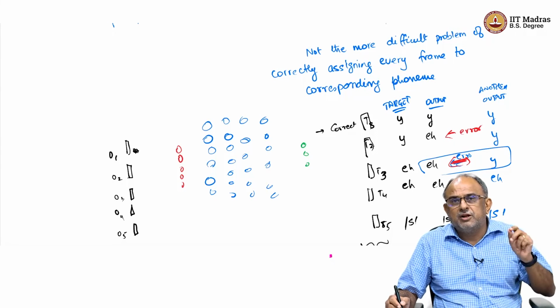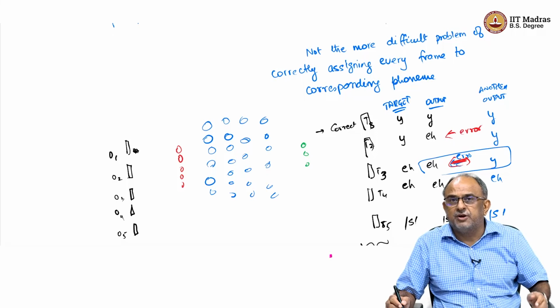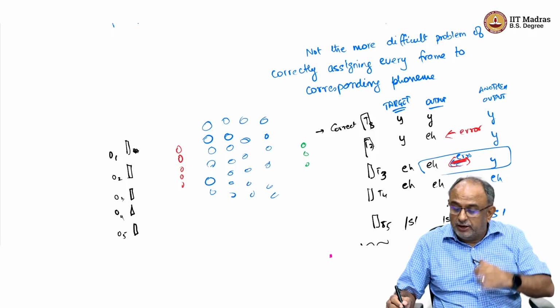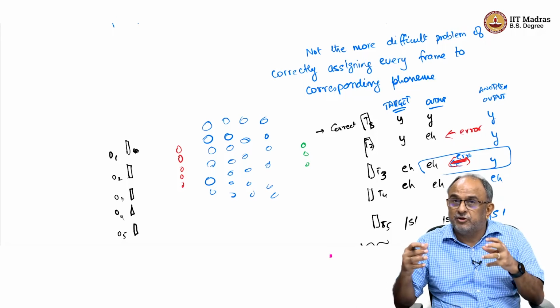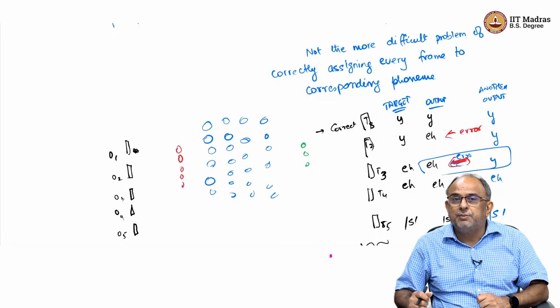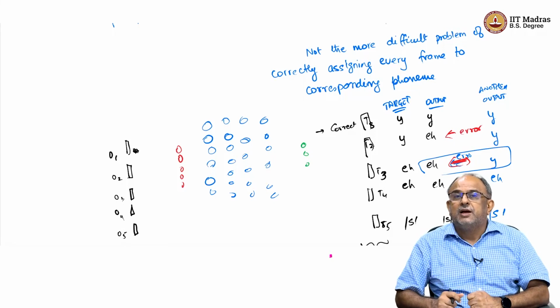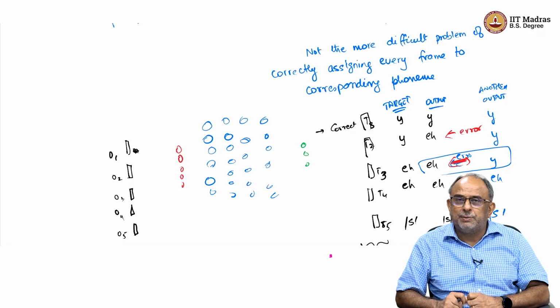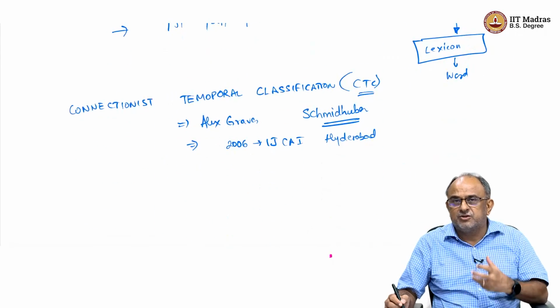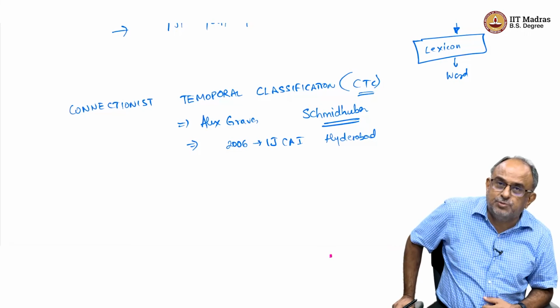So, why are you worried that every frame I should correctly identify, and that too, the targets themselves may be making some errors, the alignments themselves may be wrong. So why are we so worried? In the process, because you are saying it's wrong, the network has to really make an effort to make sure every frame is correctly mapping the target. Okay, we need a much more lenient or less stringent objective function.